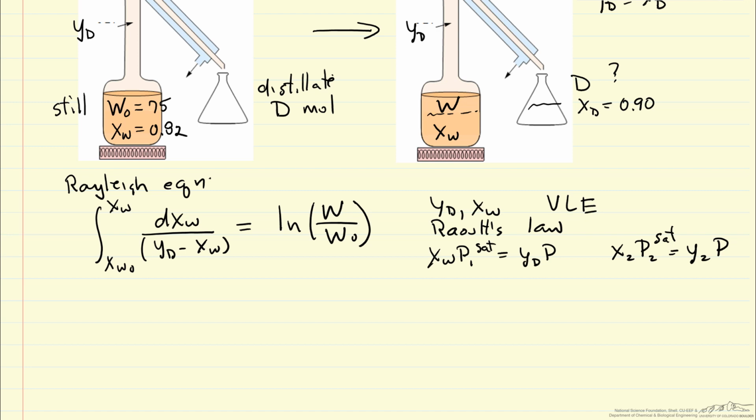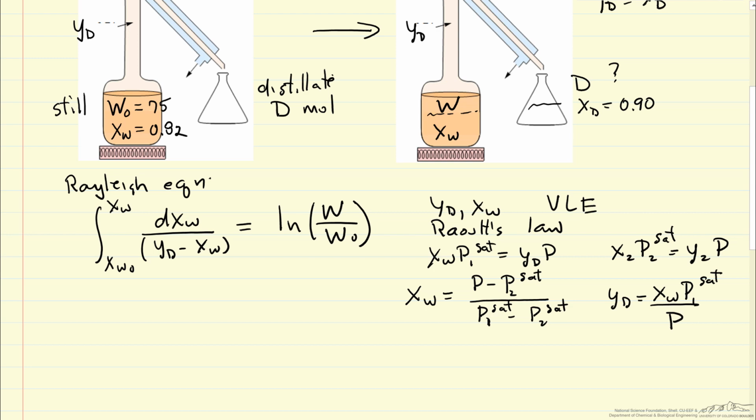Now, what we're going to do is rearrange these equations, and what we end up with that's of particular use for this problem, XW is related to the total pressure and the saturation pressures. So P1 sat minus P2 sat. And YD then is going to be equal to XW P1 sat over P. So these are the two equations that we're going to use in our solutions to account for Raoult's law.